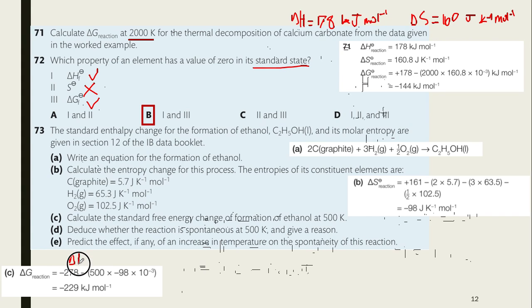So we have delta H there minus T delta S. We divided the 98 by 1,000, so it's in units of kilojoules. And when we do that, we would get a delta G of negative 229 kilojoules per mole.